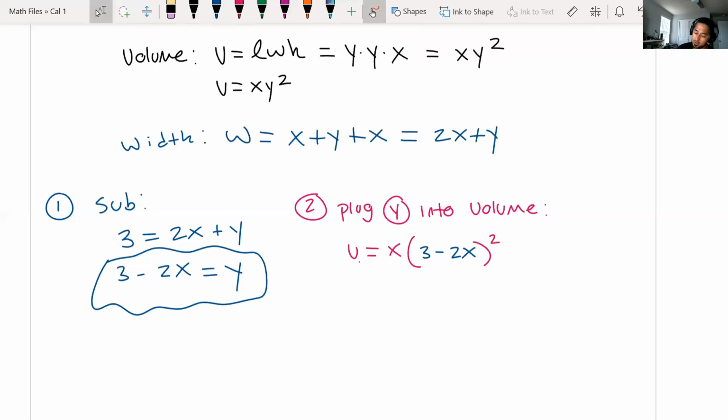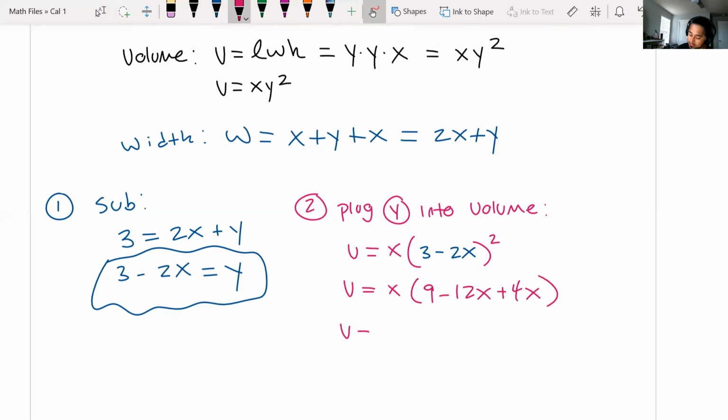Okay. And now we probably want to simplify that. So you'll get x, go ahead and FOIL 3 minus 2x out. And that should give you 9 minus 6 minus 6, that's 9 minus 12x plus 4x squared.